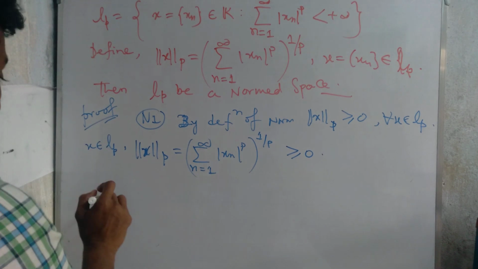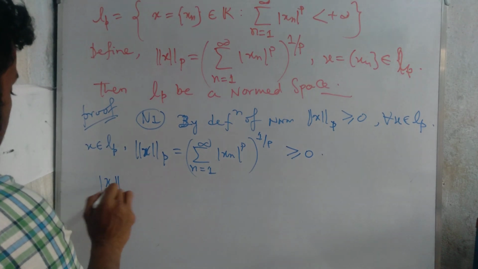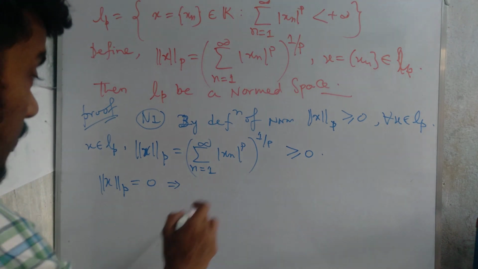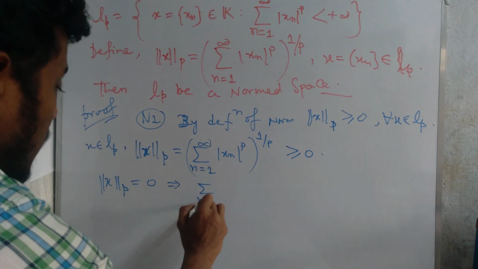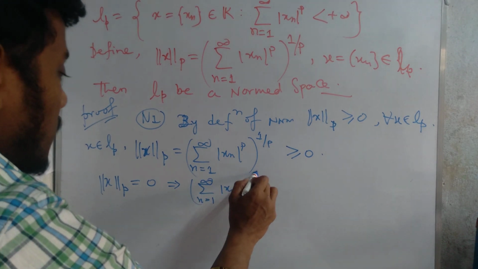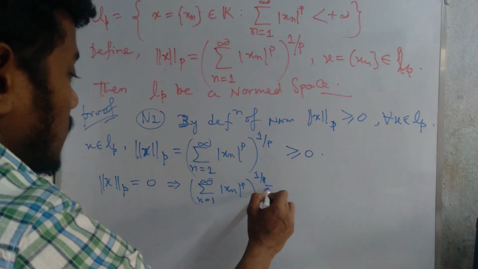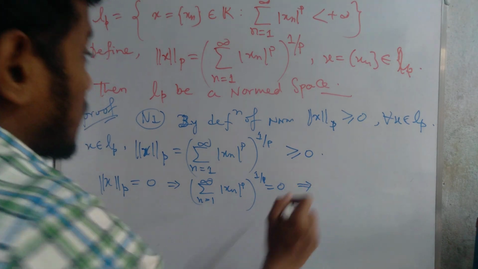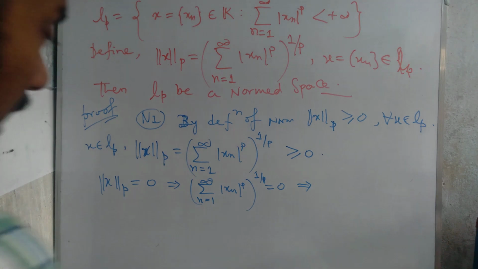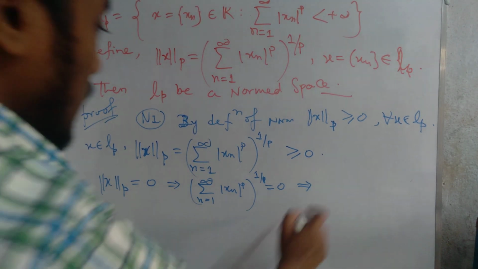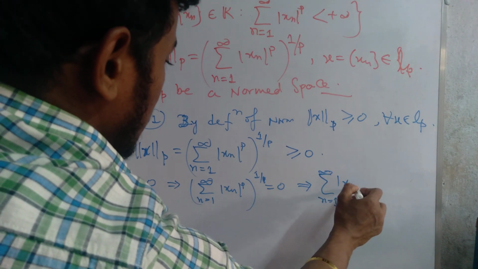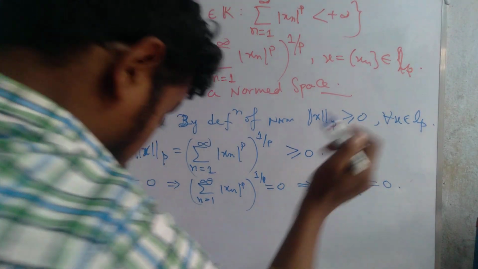Here x belongs to l^p. ||x||_p equal to 0 implies the summation from n = 1 to infinity of |xn|^p, whole to the power 1/p, equal to 0. This implies the summation of |xn|^p equal to 0.